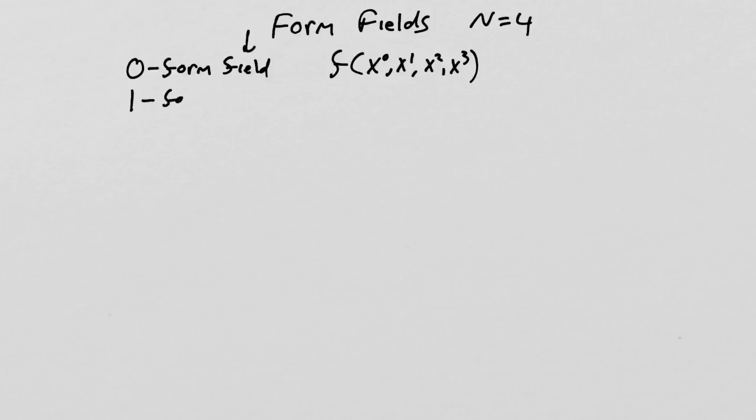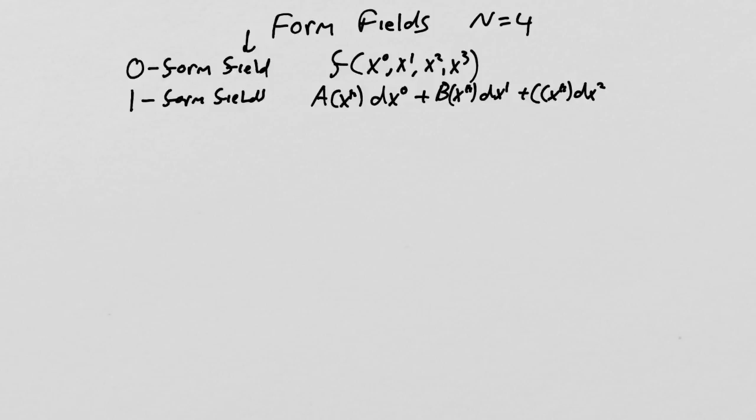Then we have our one form fields, and here we would write that as a of x mu, some function of spacetime, times dx0, plus b of x mu times dx1, plus c of x mu times dx2, plus d of x mu times dx3.